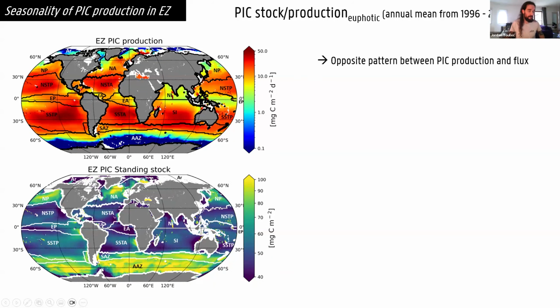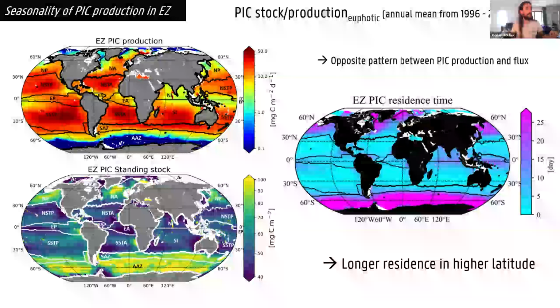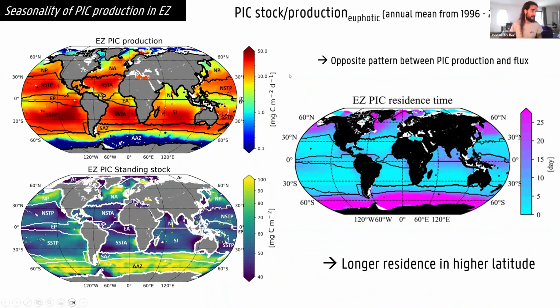Because it's based on my models, and of course we have much higher temperature, we could also expect higher physiological processes and a bigger growth rate. Now if you combine these two maps, we can get the euphotic zone PIC residence time, which looks like this.